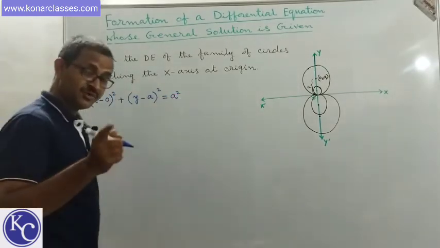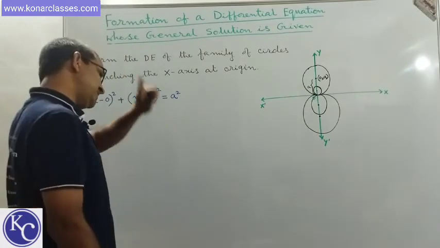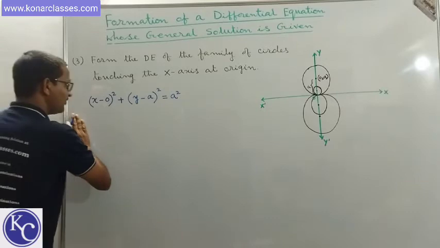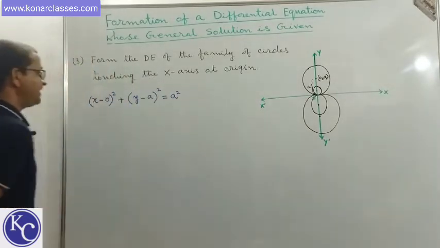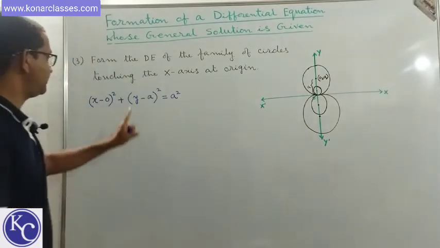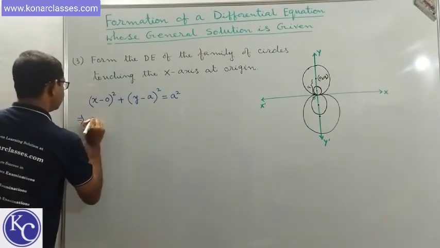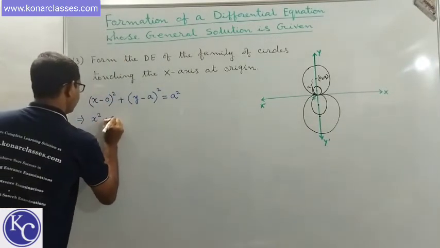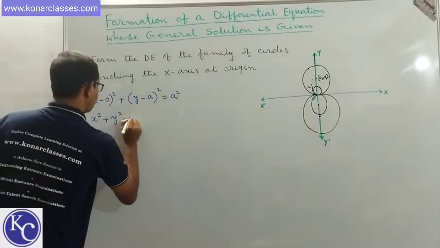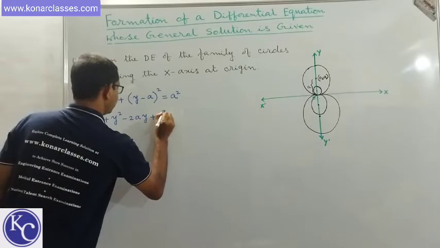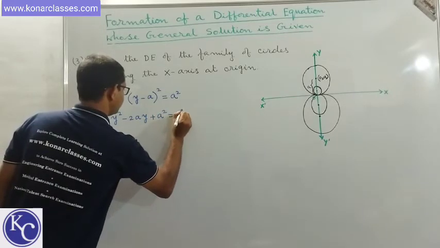Again, if you want to know the details about it, please follow my lecture on circles. Now our task is to eradicate or remove the arbitrary constant a. Let us simplify. This implies x square plus y square minus 2ay plus a square is equal to a square.